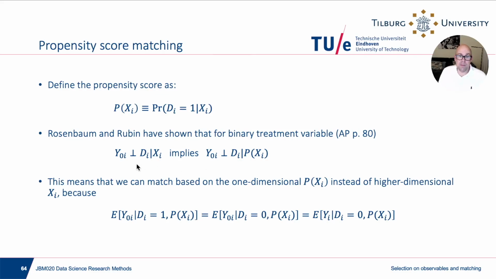In principle, you can broaden this and say (y0, y1) is independent of d given x, and (y0, y1) is independent of d given p of x. But we don't even need that here because we're only constructing a counterfactual outcome for a given treated unit.